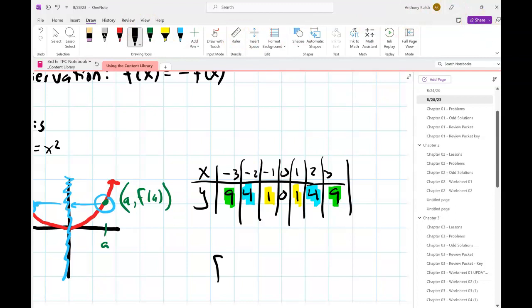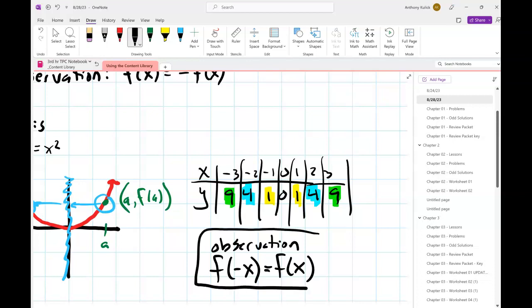In general, you want to say that f of negative x should equal f of x. Right? If I do f of -2 and f of +2, I should get the same value. Everybody feels okay? Okay.